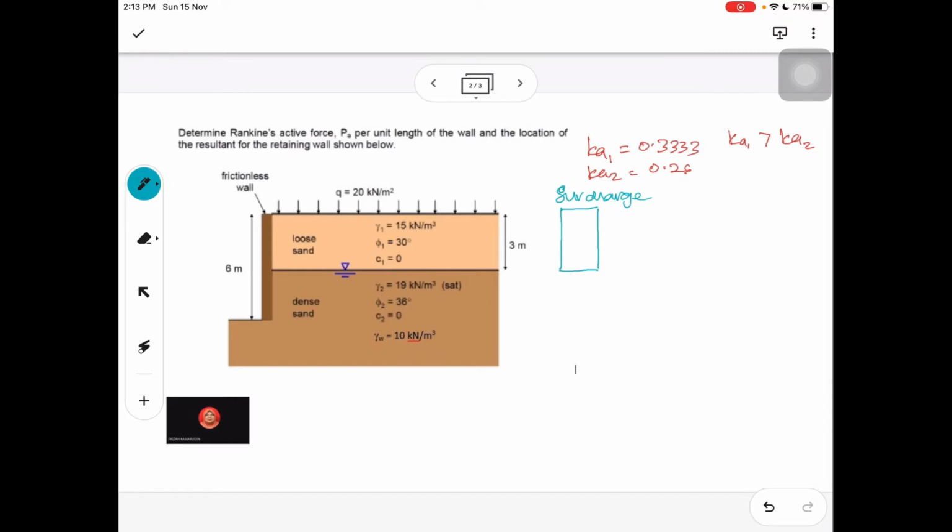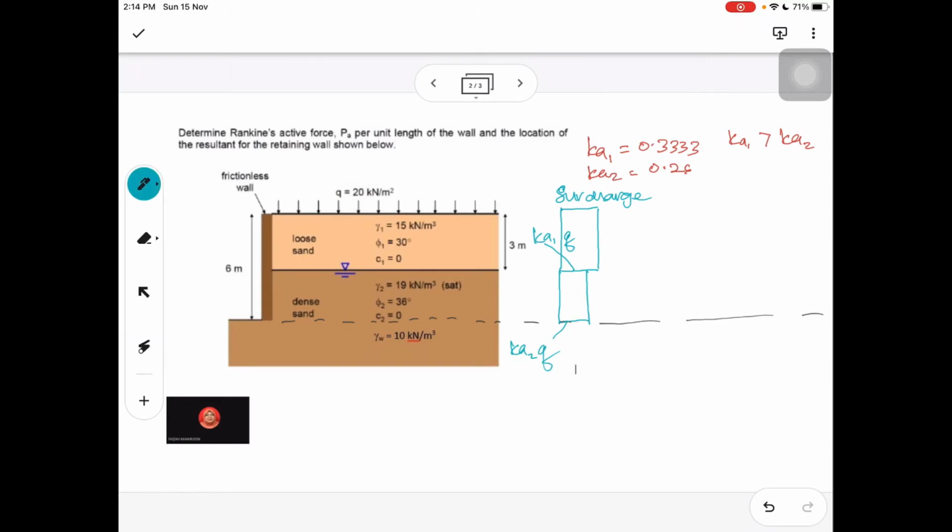Because of Ka1, this is Ka1Q. Because Ka1 is larger than Ka2, this is Ka2Q. This is Ka1Q, and here is Ka2Q.